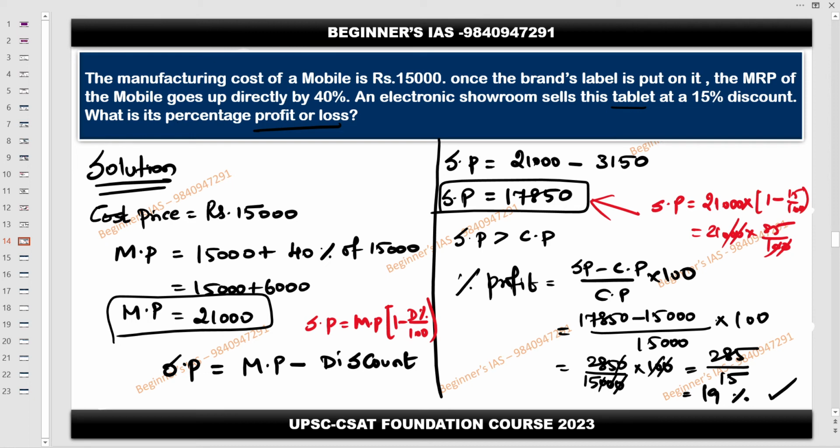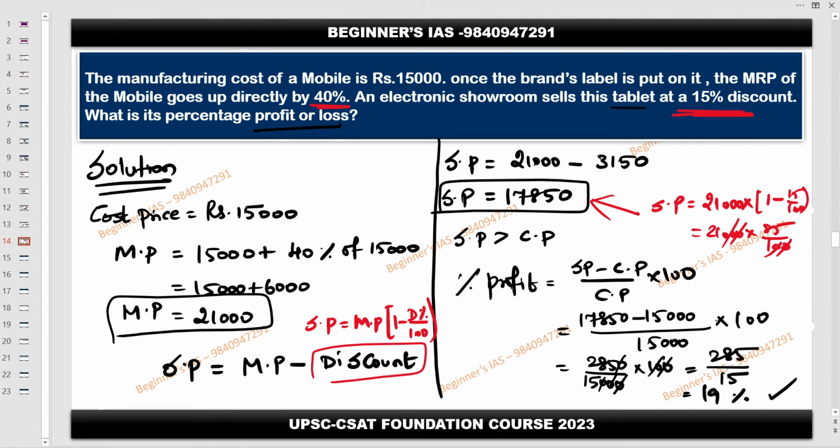Now, but you need to be very careful here. People may get confused whether this discount we have to use on 15,000 or else 21,000. Always remember, after calculating this marked up price, then only the showroom gives a 15% discount, which means that the discount has to be calculated with respect to the marked up price.